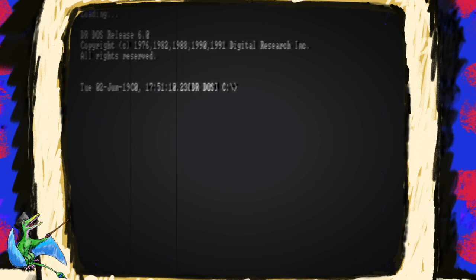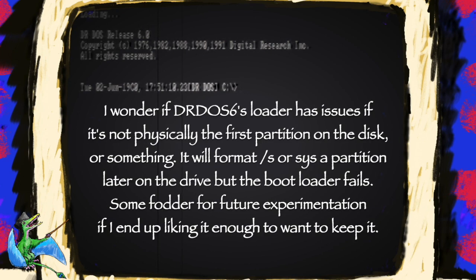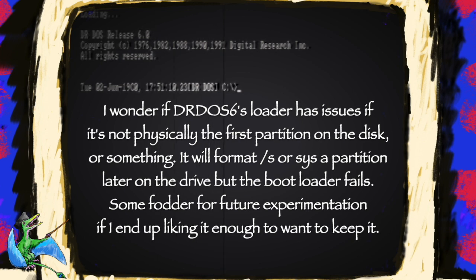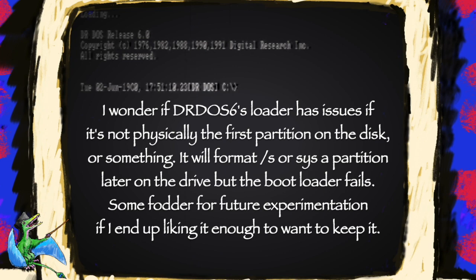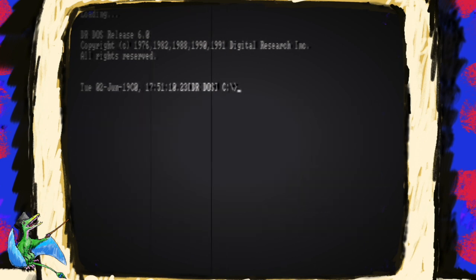Now, the issue you may run into is I discovered that because I actually created a disk that had 3 partitions on it and attempted to install DR-DOS into one of those partitions, I could not get DR-DOS to behave when it was installed in a partition that had been created by a different DOS, at least with Boot Manager installed. So if you want to see if you can make that work, that's an exercise for the reader.